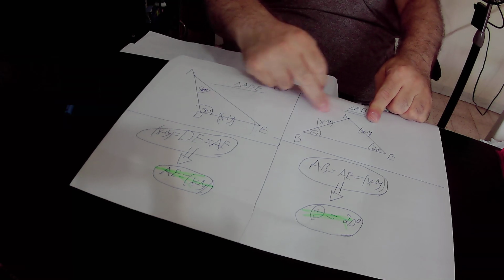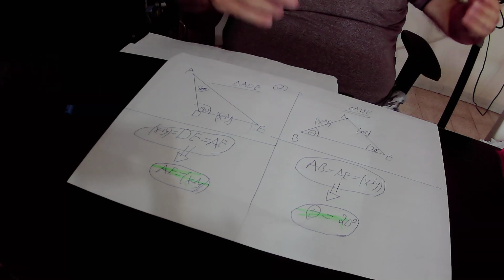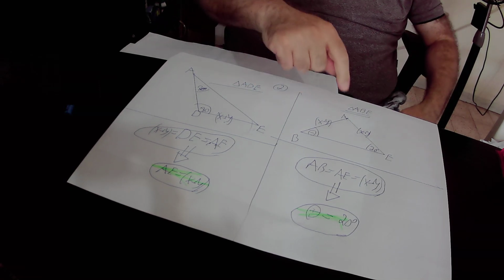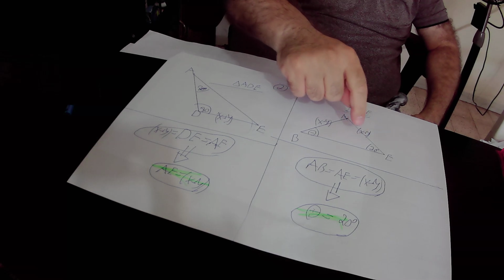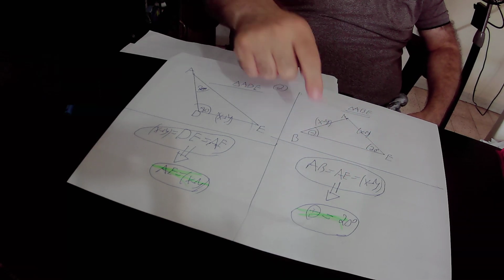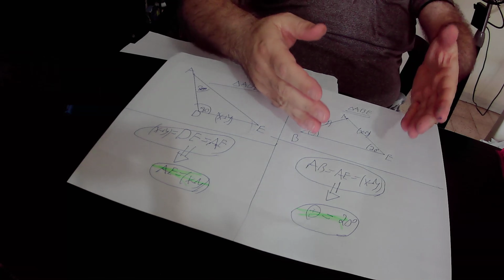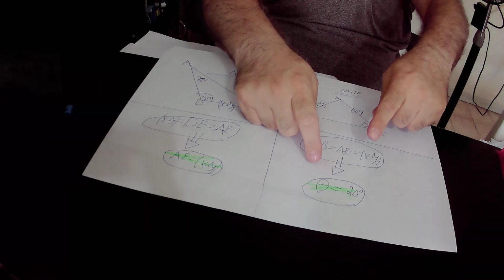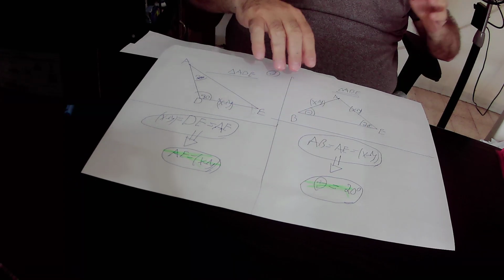That is to say, side AB equals side AE. And we have the rule that in front of equal sides in a triangle, there are equal angles. In front of this side we have 20 degrees, and in front of side AE we have theta. According to the rule, those two angles must be equal to each other because they are located in front of equal sides. That is to say, angle theta equals 20 degrees.